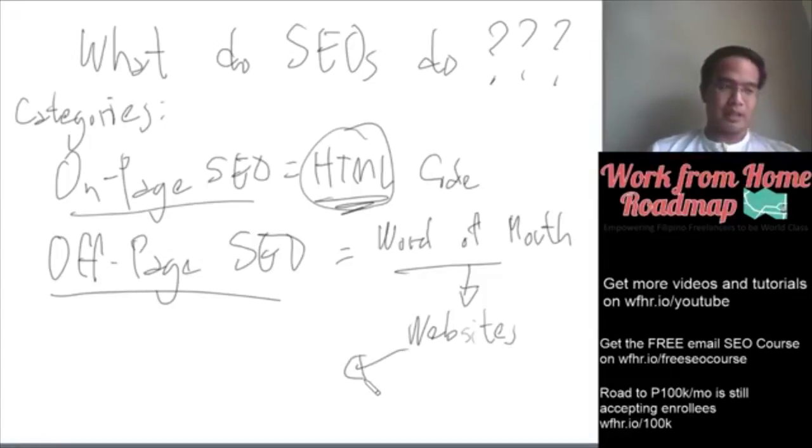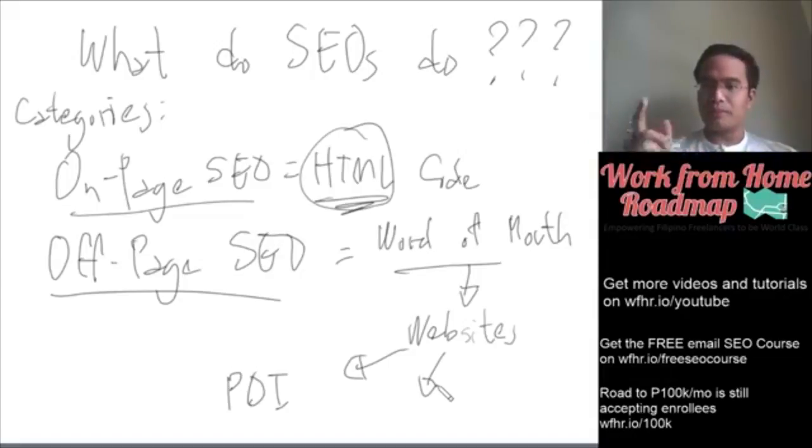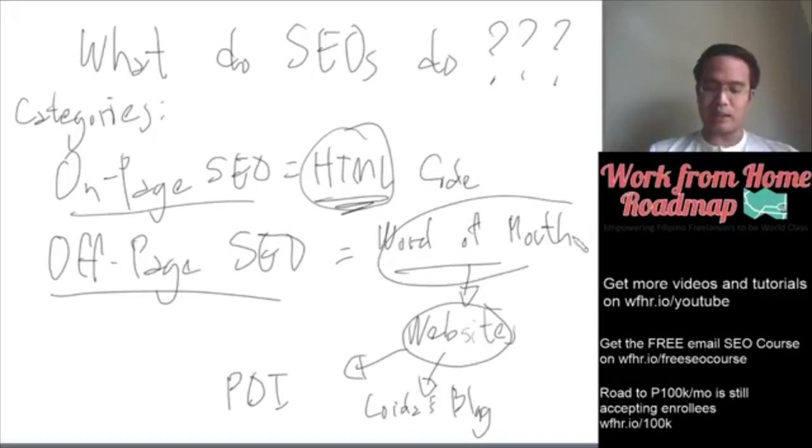Maybe these are the Philippine Daily Inquirer, which is a news website. Maybe I'll just pick a name here. Loida's blog. Maybe Loida is a blogger, and then she visits Jason's Pizza, and then she talks about it and mentions it. So Google is going to see that word of mouth on these different websites.